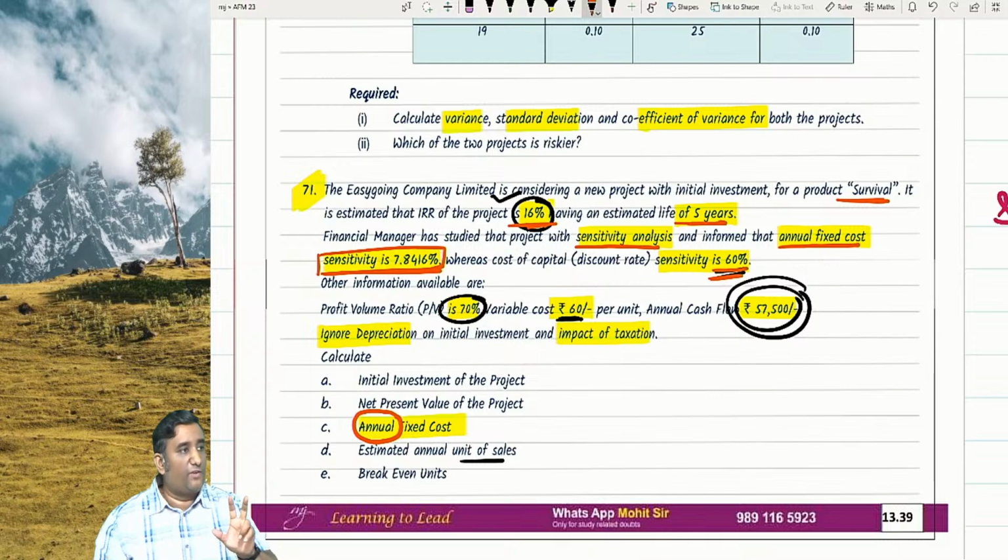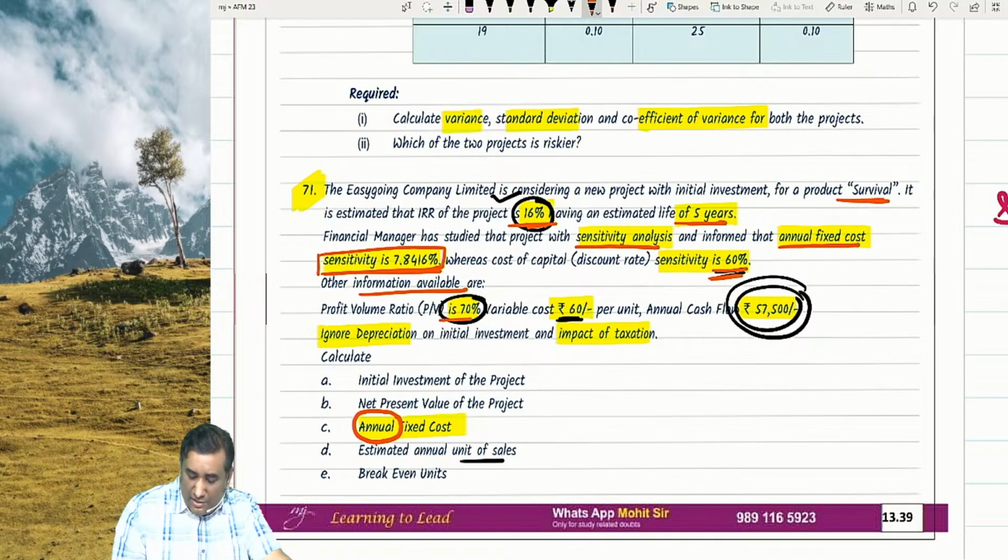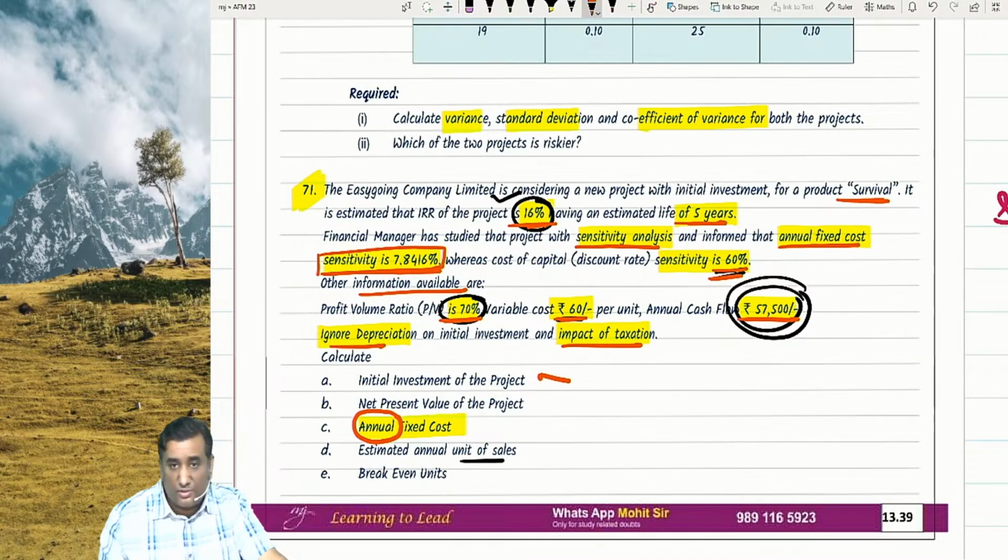Otherwise they will not give you this kind of language. Other information available are PV ratio 70, variable cost 60, annual cash flow 57,500. Ignore depreciation on initial investment and impact of taxation, calculate the initial investment of the project.